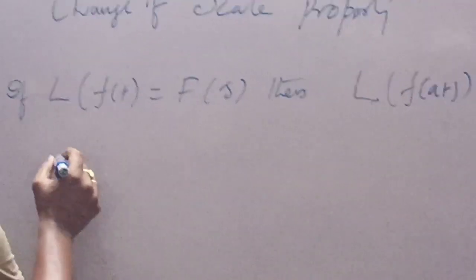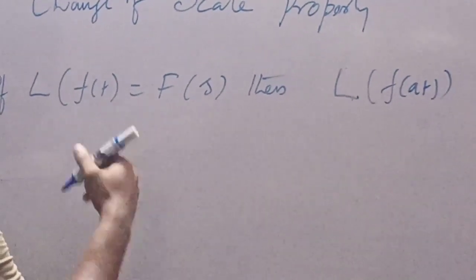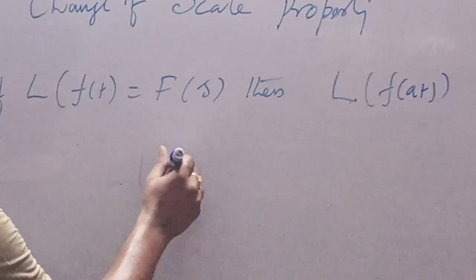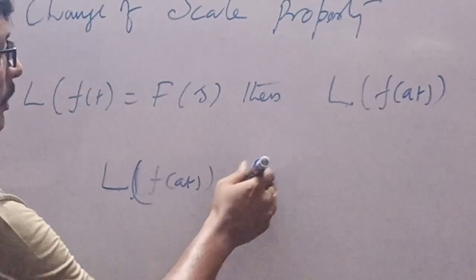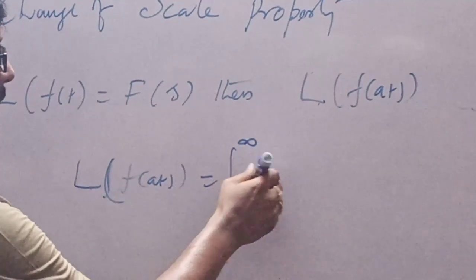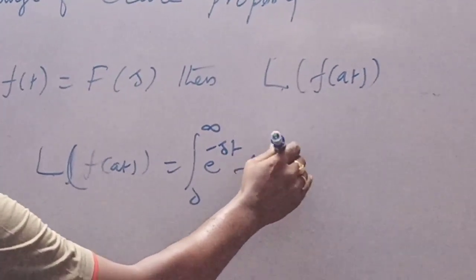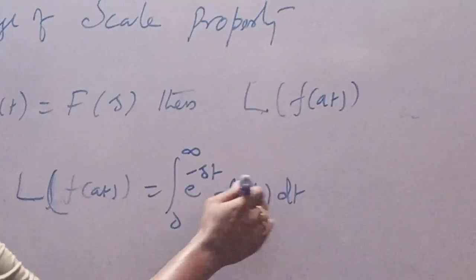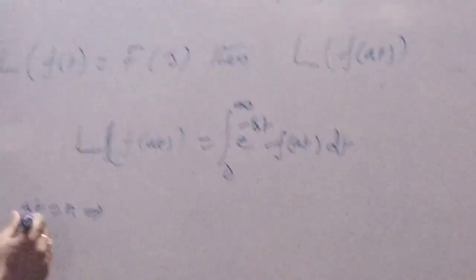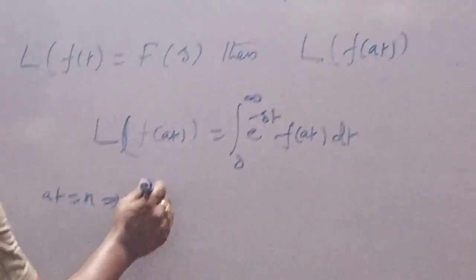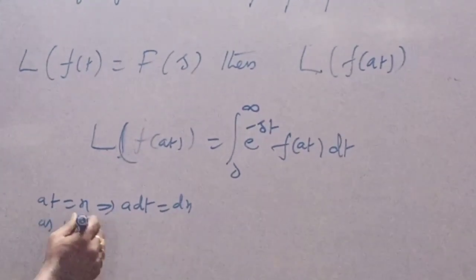As we know, using the Laplace transformation definition, L of f of at is the integral from 0 to infinity of e to the power of minus st into f of at dt. Take at equal to x, so a into dt equals dx.